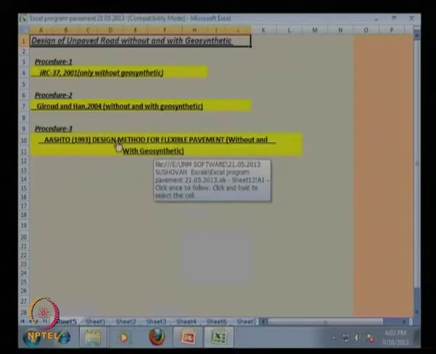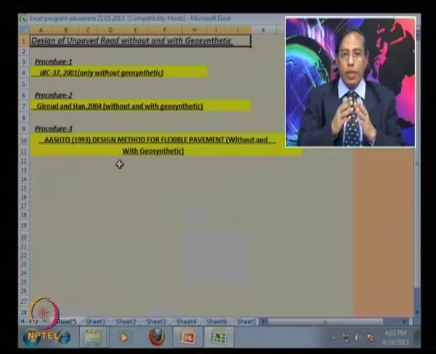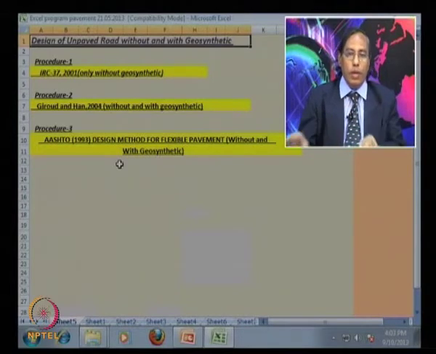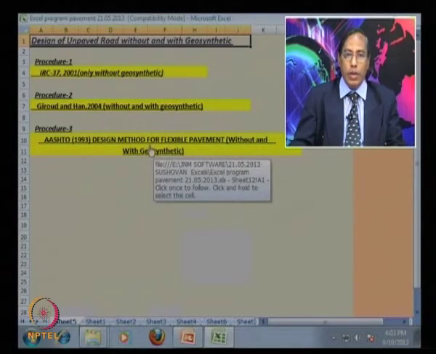Now, we will address procedure 3, that is the AASHTO design method for flexible pavement without and with geosynthetic material.